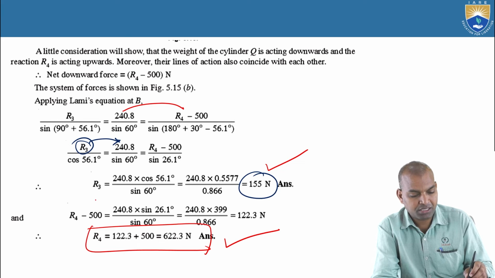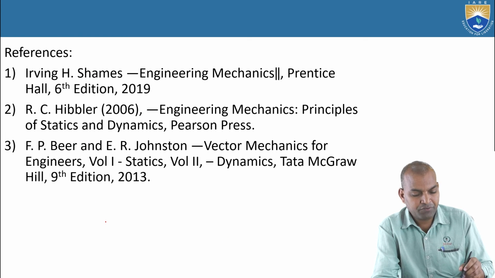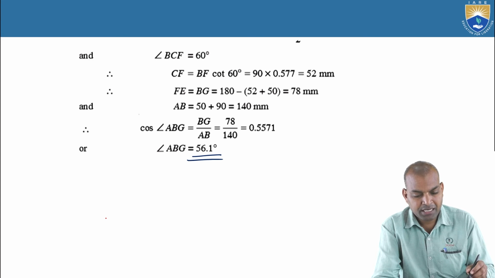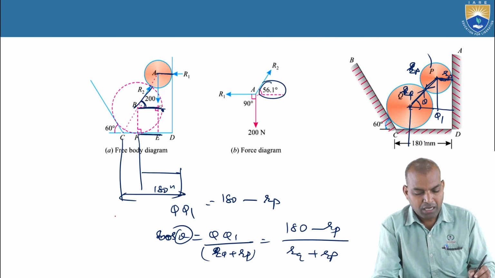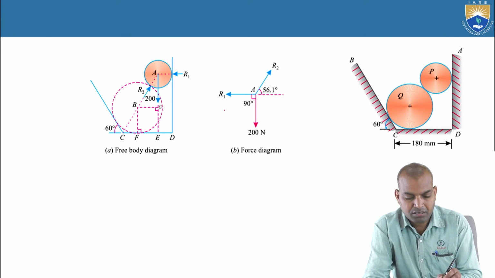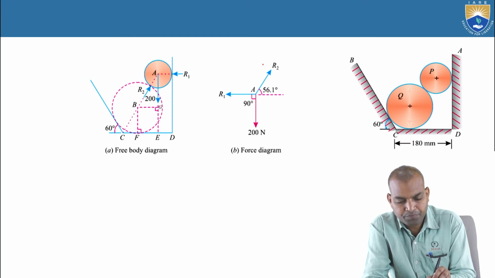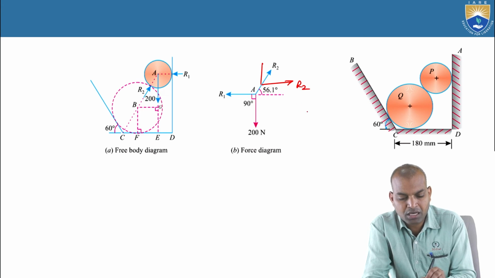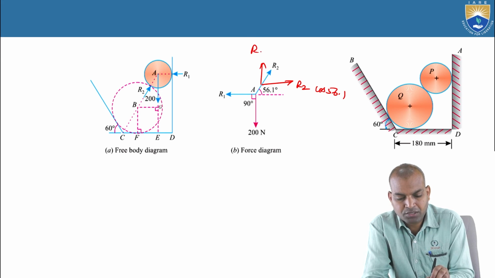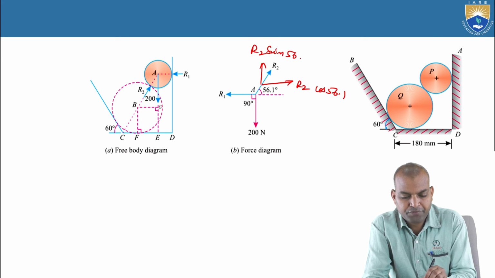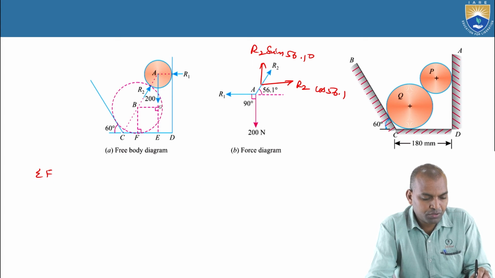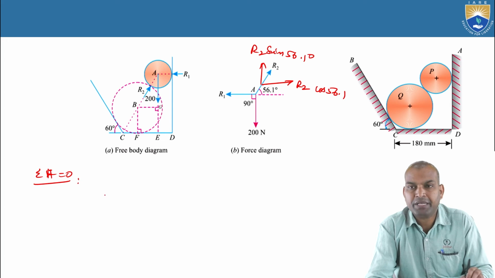Yes, let us work out here how it is. Consider any equation. Yes, I'm going to consider here equilibrium condition. We can apply here sigma fx equal to 0, that is R2 cos 56.1 degree, R2 sin 56.1 degree. Now sigma h equal to 0, apply equilibrium condition. What is it?